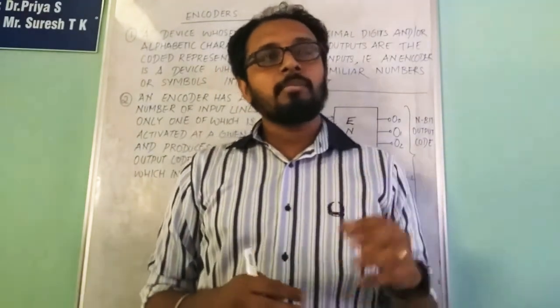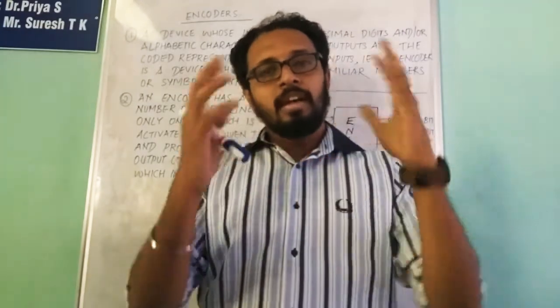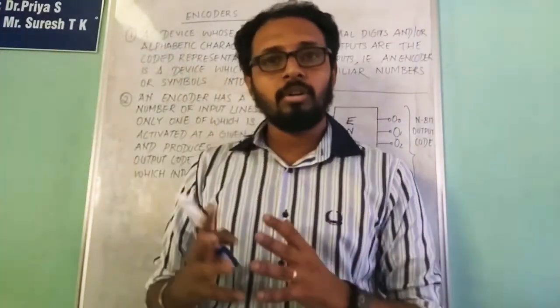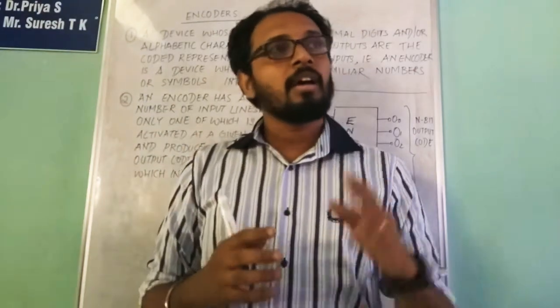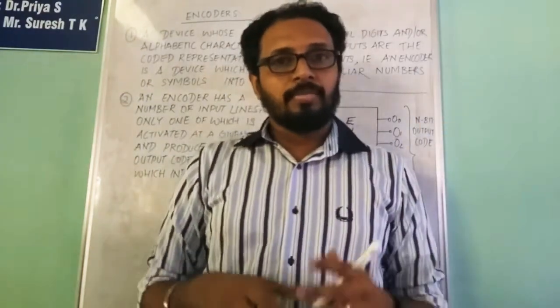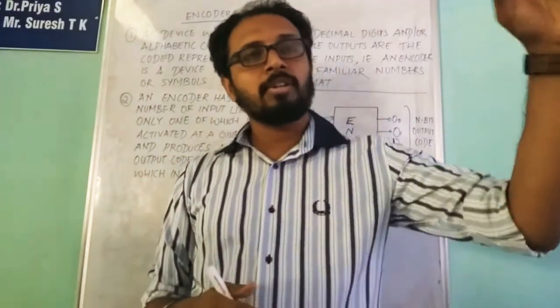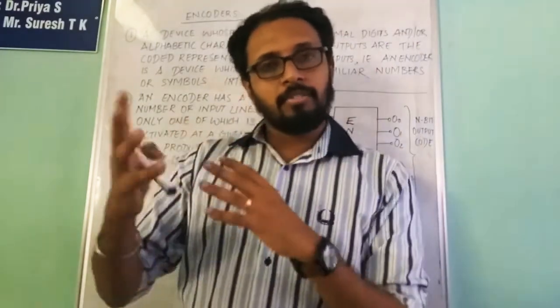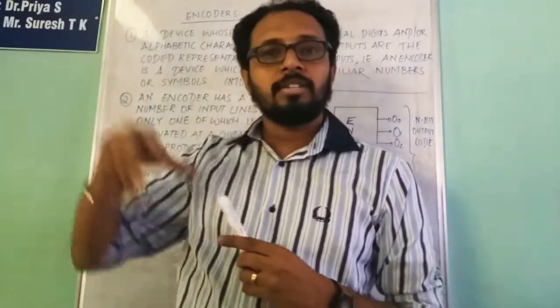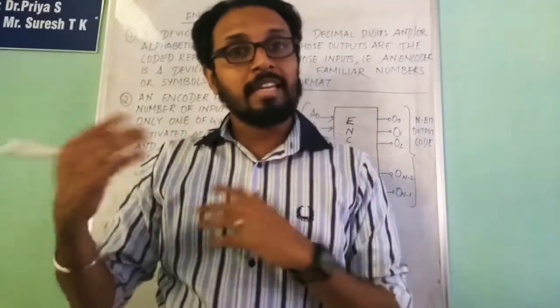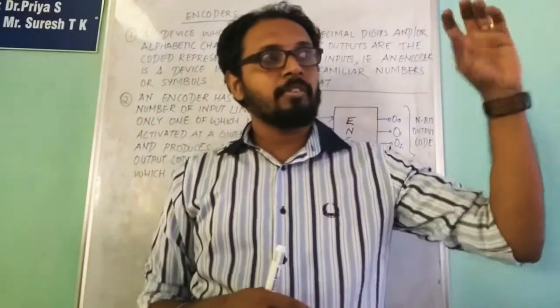So encrypting means we have a particular data, and we convert it into a particular mode or fashion that others won't understand. In the case of encryption and decryption, we send this code, that is the encoded data, in a particular format to the destination, and the destination decodes or decrypts it.